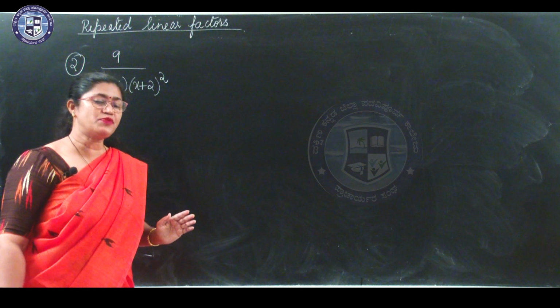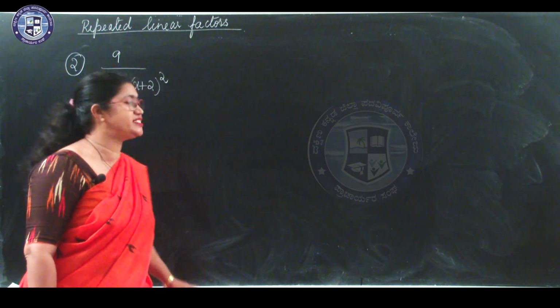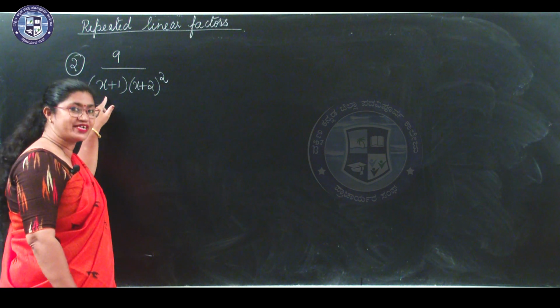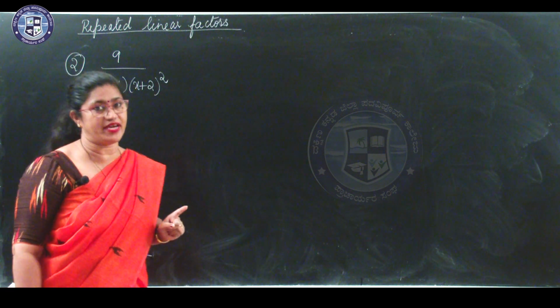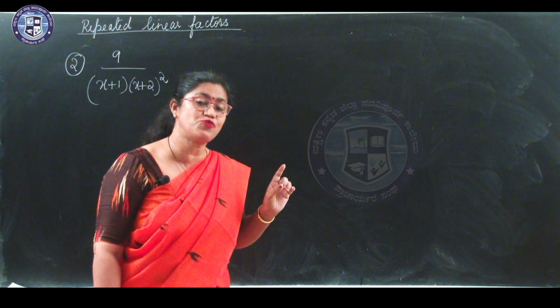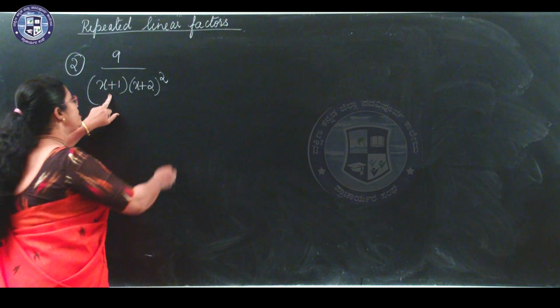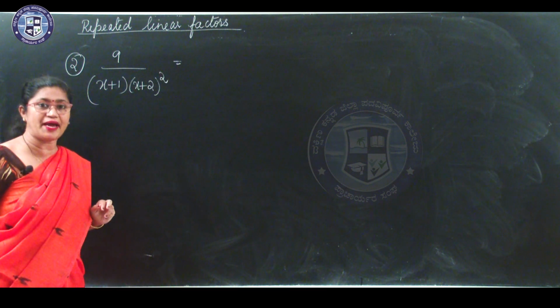9 by x plus 1 x plus 2 the whole square. Yes, you can see the denominator has one linear factor and one repeated factor. Whenever there is a repeated factor, it has to be repeated twice. Remember it this way. And so, here how do I split it up and write?